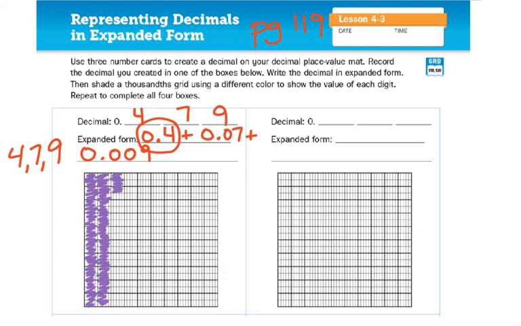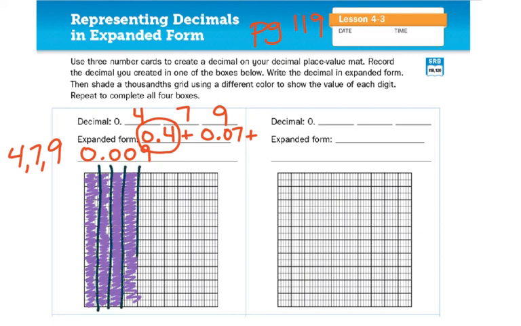Again, you need to do this in 3 different colors. Think of this as being in tenths. 1, 2, 3, 4. Look at those bolder lines. 5, 6, 7, 8, 9, 10. And I just shaded 4 of them.